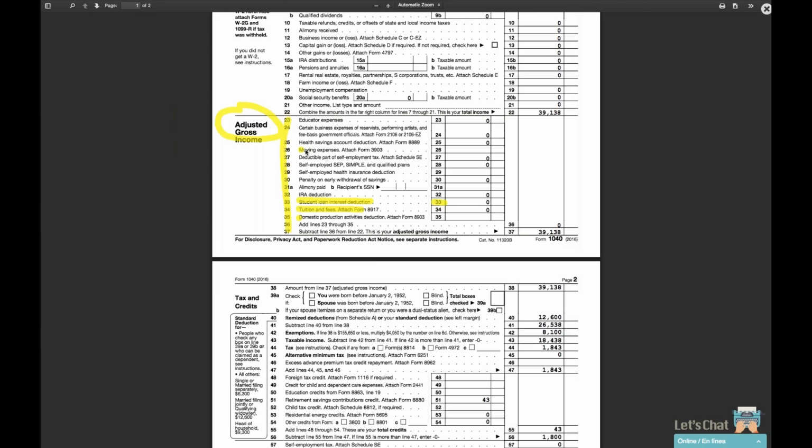Usually what that means is that you have another form where you figure out what the deduction is going to be. So I just highlighted line 26, moving expenses. You're going to have a video about that later on this month in your materials.